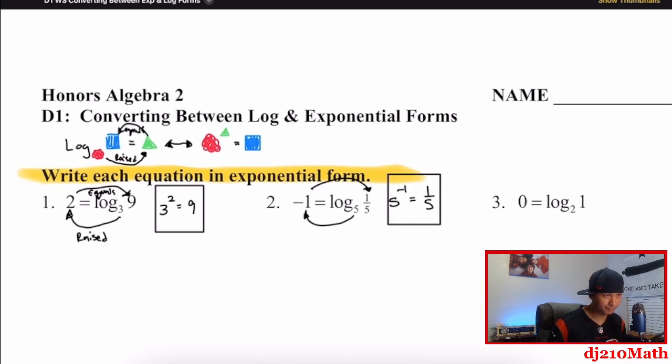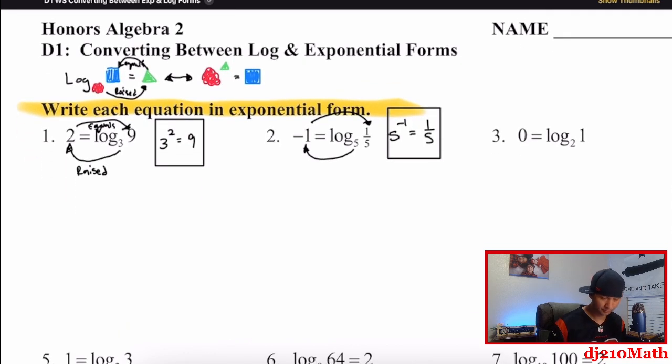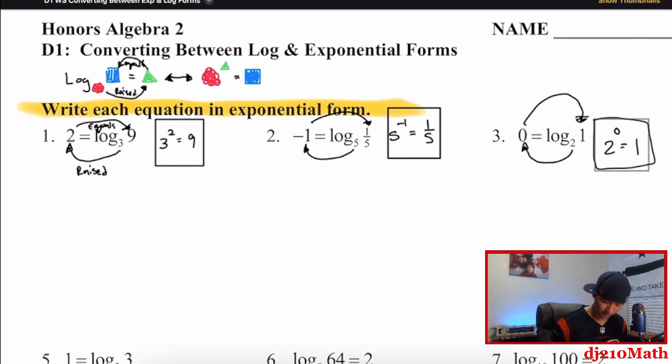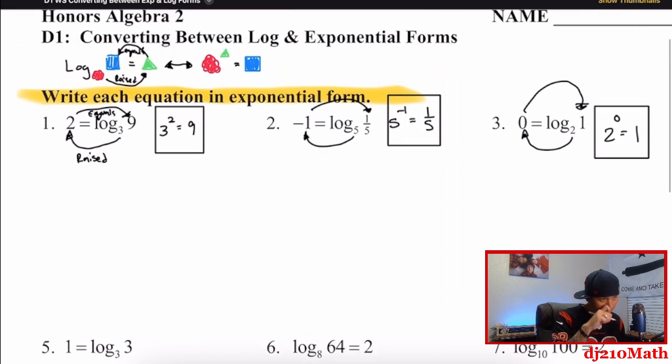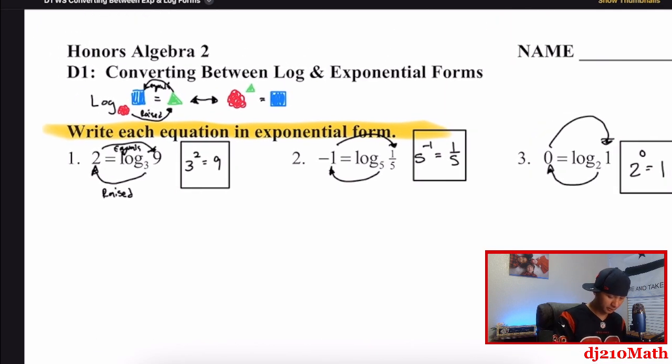Okay, 3. 2 to the 0 power, anything to the 0 power is equal to 1. So 2 to the 0 power is equal to 1. This homework's going to go quick, I can already tell you. So do we still need the little cheat sheet, I wonder? Let's see. Can I select it?